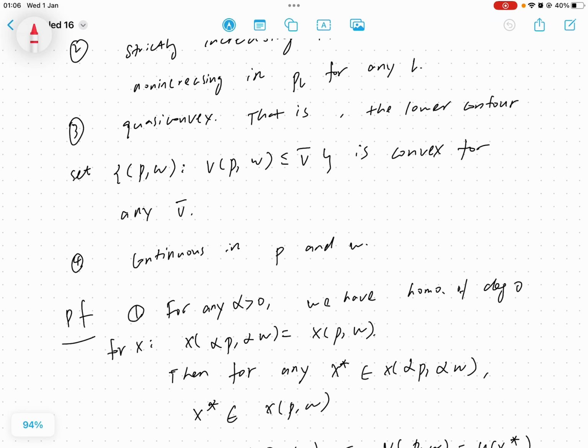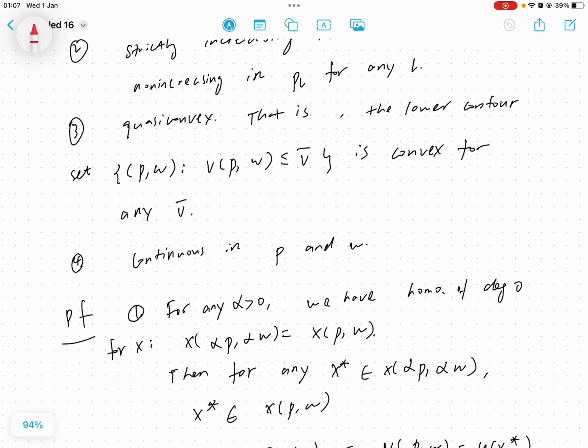Quasi-convexity is just the opposite of quasi-concavity. Remember that when we talk about quasi-concavity, we have the upper contour set to be convex. Quasi-convexity simply requires that the lower contour set be convex.